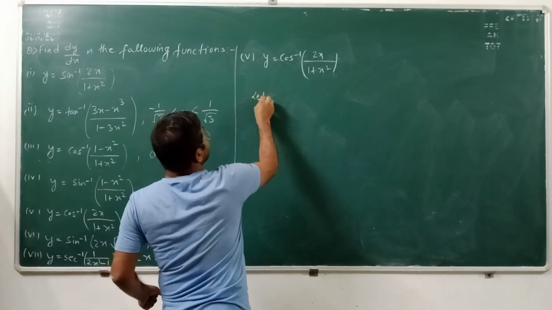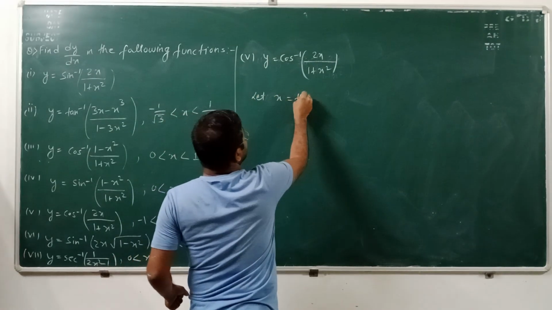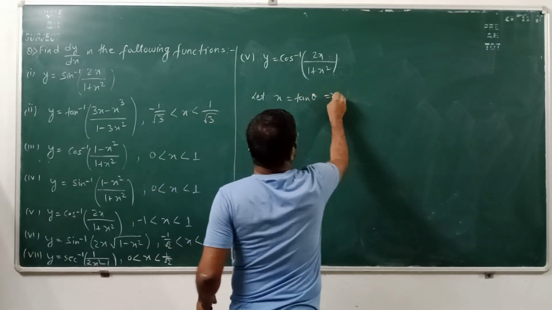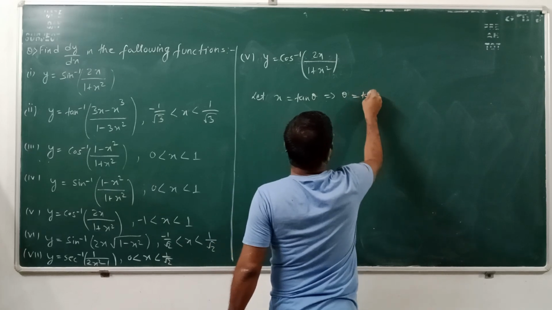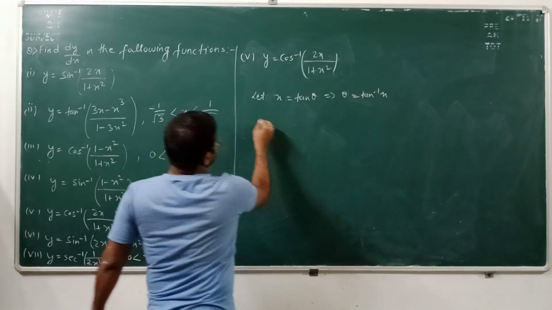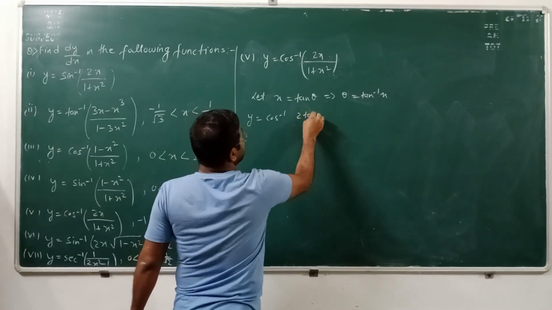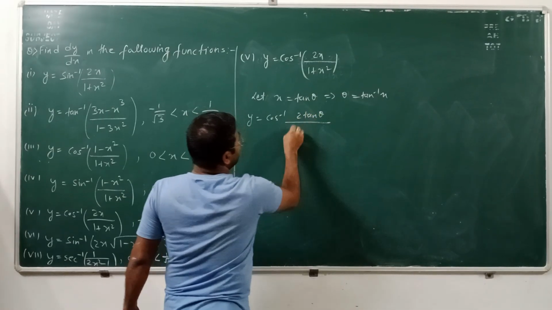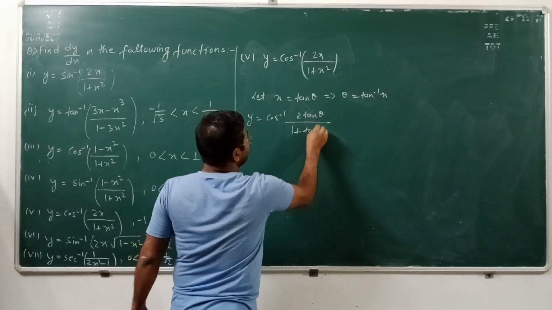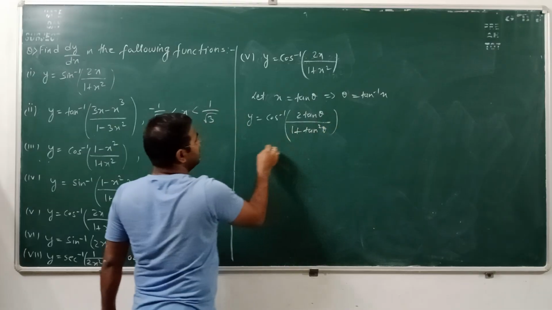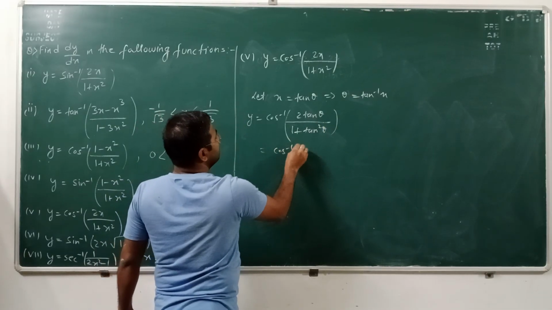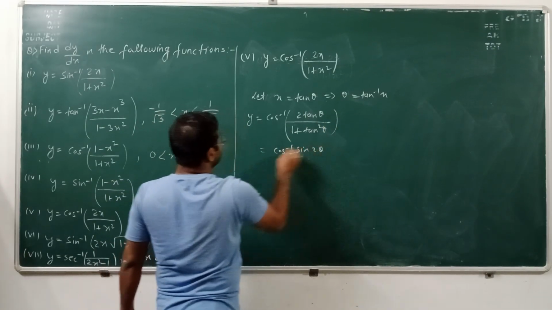Let x is equal to tan theta, then theta is equal to tan inverse x, then y is equal to cos inverse of 2 tan theta upon (1 plus tan square theta). Now see, this has become the identity of sin 2 theta.